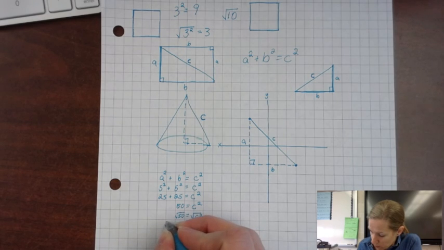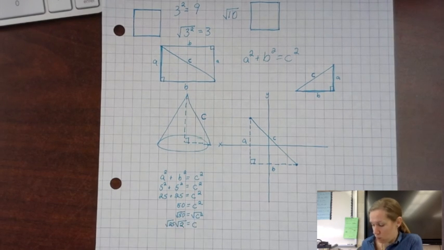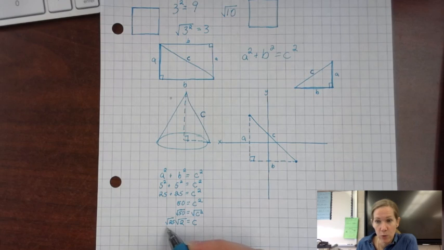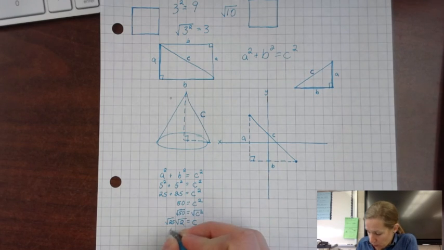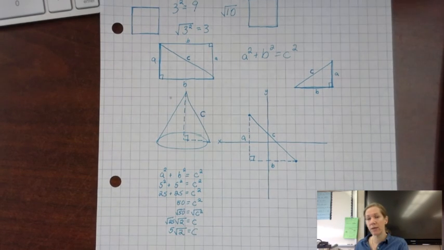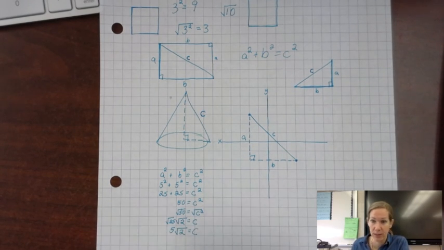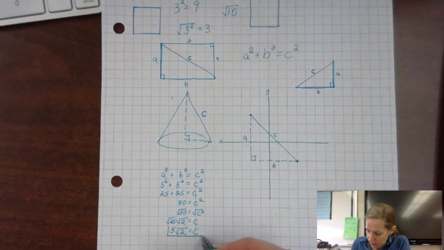So the square root of 25 times the square root of 2. Now we can solve the square root of 25. We know that that is 5, and we could multiply that by the square root of 2 to get C. If they want an exact and they want a simplified radical, which of course they do, right? Just like simplified fractions are just expected, this is what you would give.